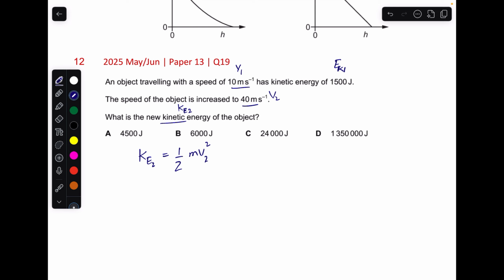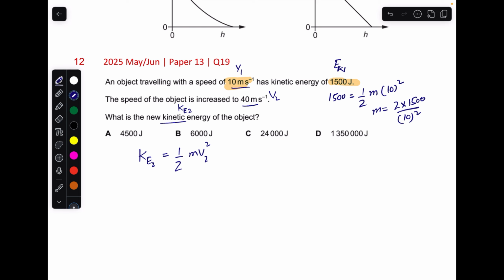V2 square. Okay. So we have V2, but we don't have the mass. So what we can do, we can use this information because mass will remain constant. So this will be equal to kinetic energy, that is 1500 is equal to half mass into velocity square. So you have to find mass. Mass will be equal to 2 into 1500 divided by 10 square.